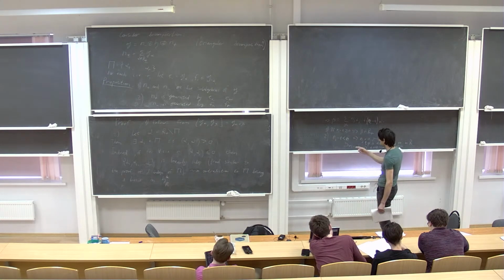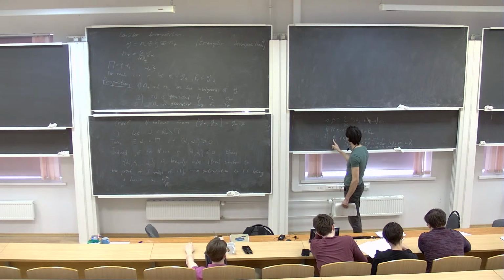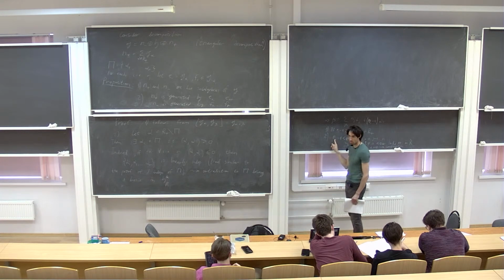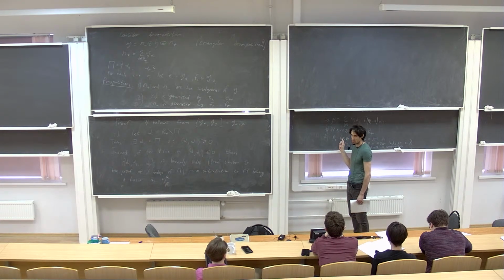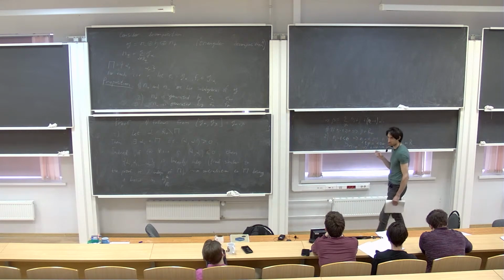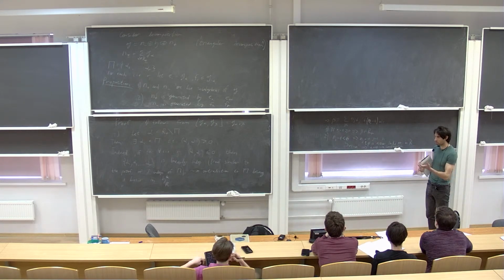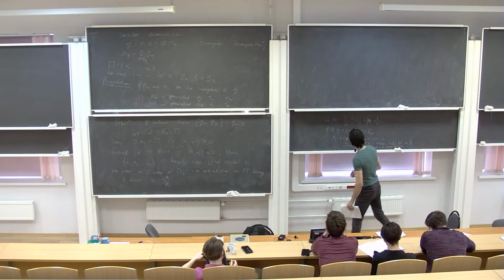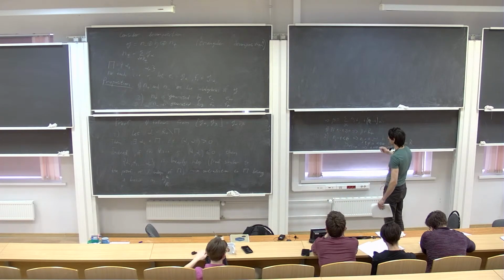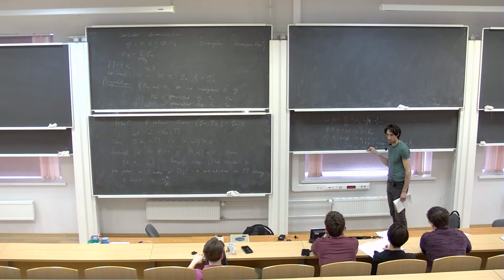Because n_i is a non-negative integer. Why should it be an integer? Well, because a positive root is a sum of alpha_i's with positive integer coefficients. So we proved that beta is in R plus.